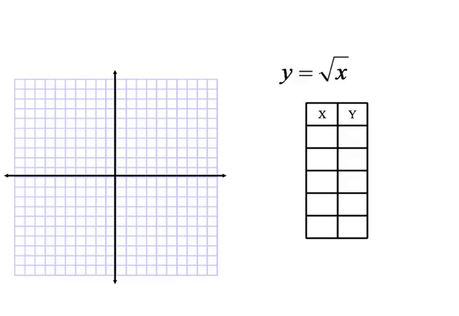Let me choose some x values and then calculate the corresponding y values. If I allow x to equal 0, you're looking at the square root of 0, which is also 0. When I allow x to equal 1, you're looking at the square root of 1, which is also 1. When I allow x to equal -1, you're looking at the square root of -1, which does not exist at this point.